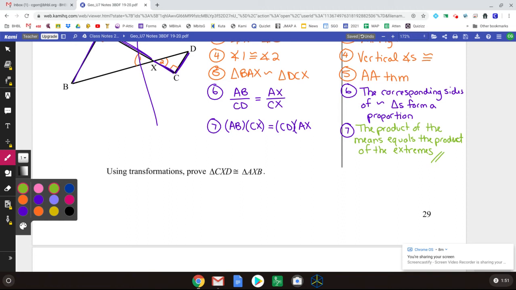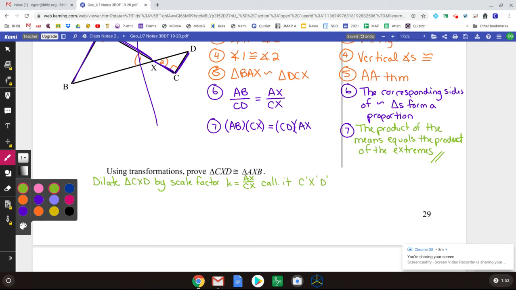So the first thing that we could do is we could dilate our smaller triangle, our triangle CXD, by the scale factor K equals. Now I can pick any corresponding sides that I want to. Now I'm going to pick AX over CX, and then we're going to call it C prime, X prime, D prime.